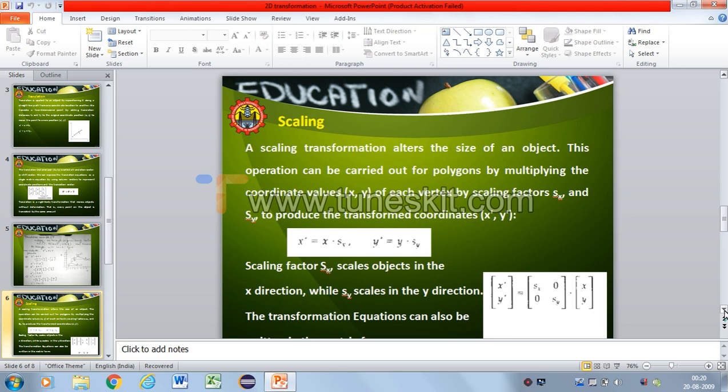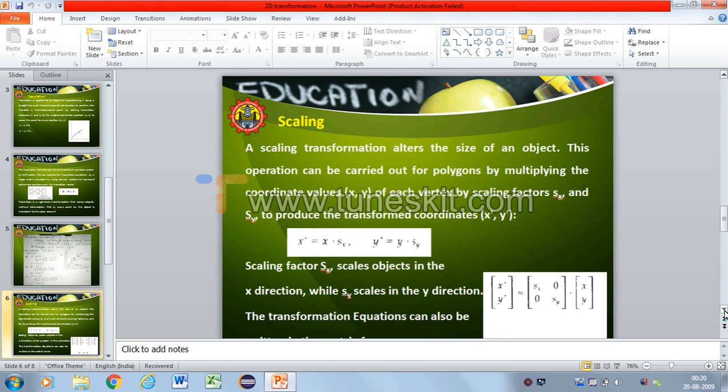I have already discussed that these types of transformations can be carried out on polygons by multiplying the coordinate values of each vertex by scaling factors Sx and Sy, so that we can produce transformed coordinates x dash and y dash.